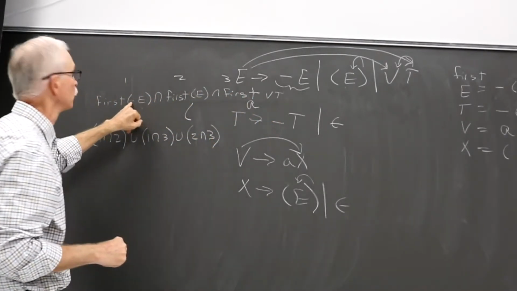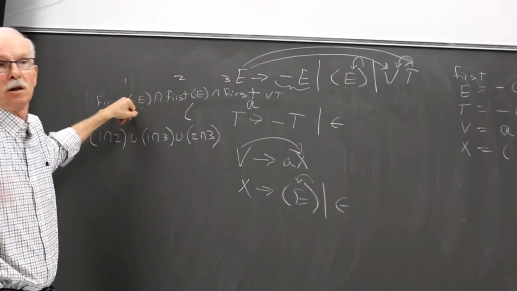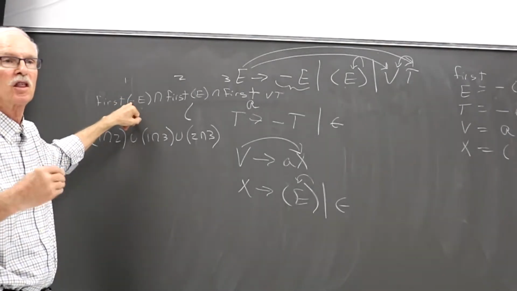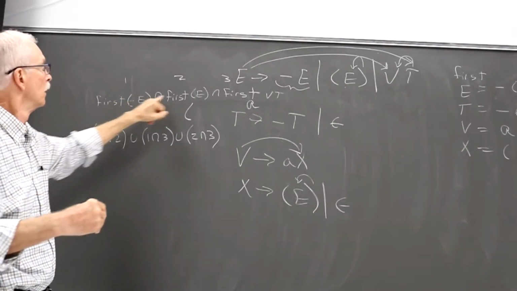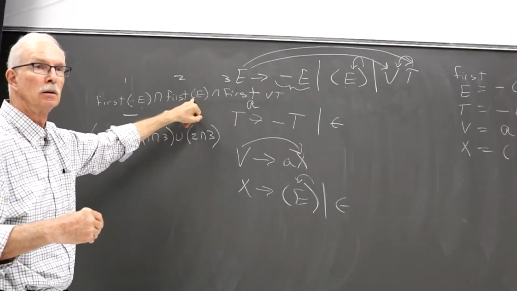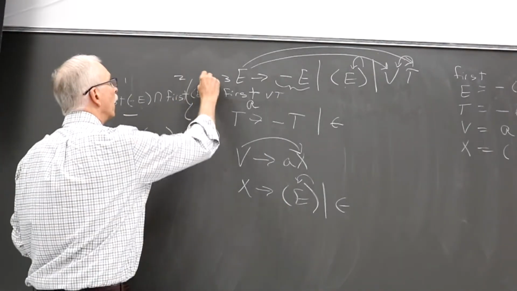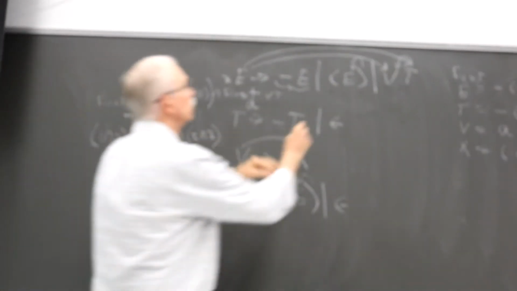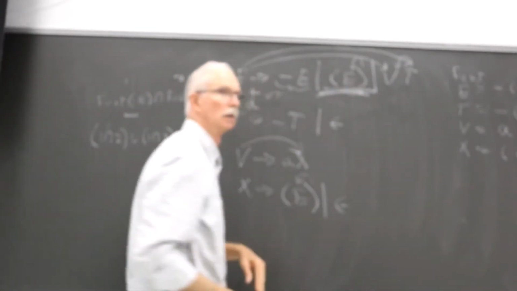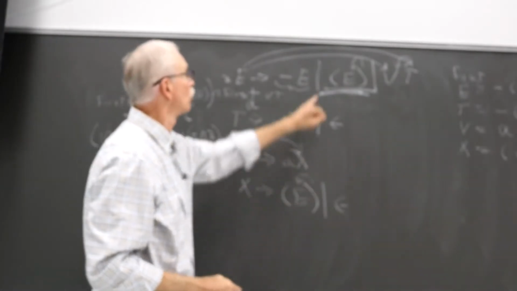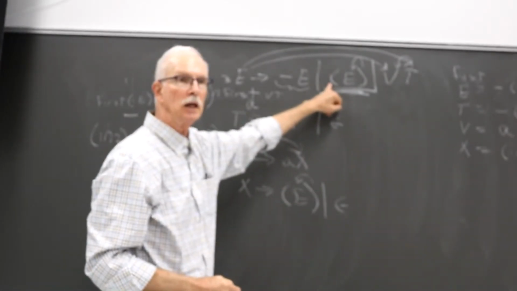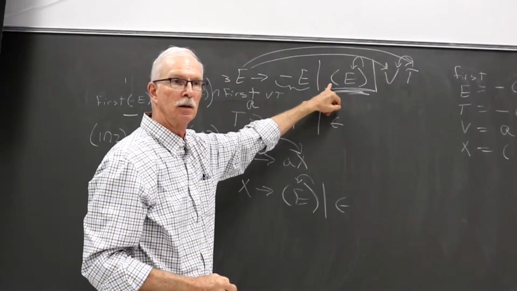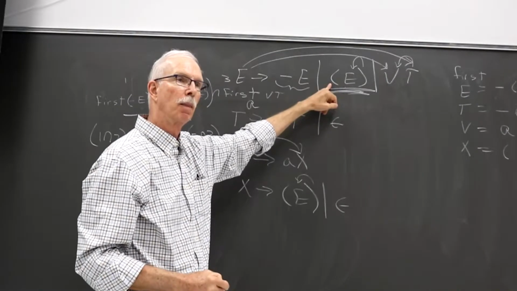So the first of minus is minus. It doesn't go away. So I don't have to think about E. The first of left paren, E, right paren, is left paren. Yeah, that was my issue. Sorry about that.